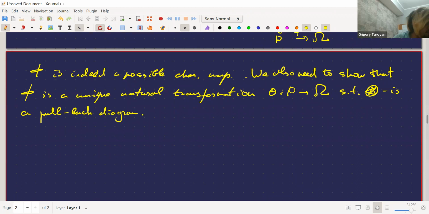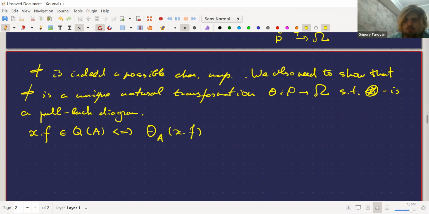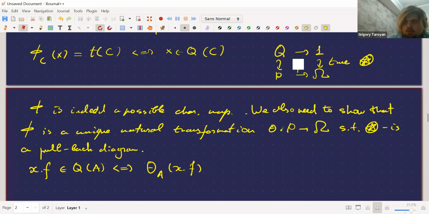To see this, we just need to observe that for this diagram to be a pullback, it is necessary that the following equivalences hold. So XF belongs to Q of A if and only if theta A of XF, where theta is now something that lives here.